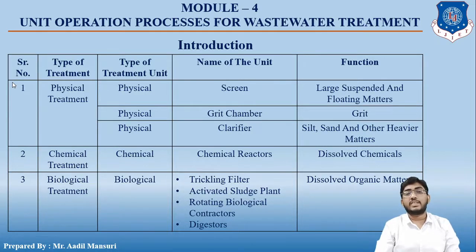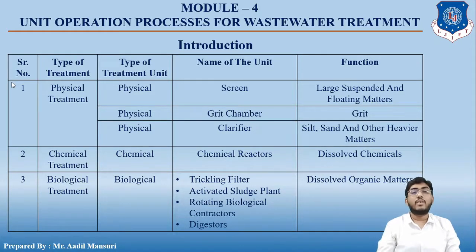As you can see from the table, screens, clarifiers and grit chambers are all physical treatment units, because in all of them the removal of impurities takes place due to physical processes like gravity settling, mechanical settling, etc. Mechanical settling takes place in screens and gravity settling takes place in clarifiers, and clarifiers are also known as sedimentation basins or settling tanks. So this was about the physical treatments.